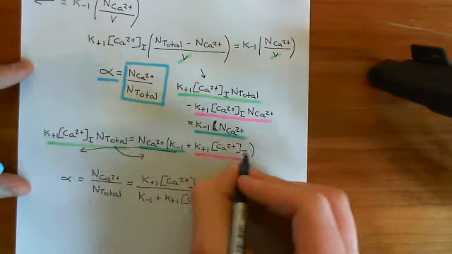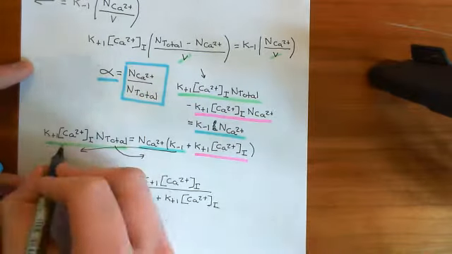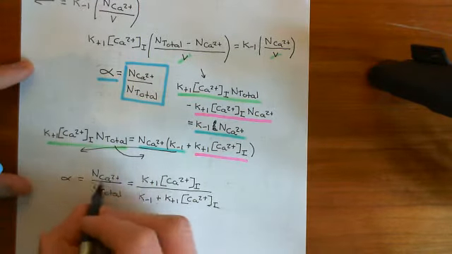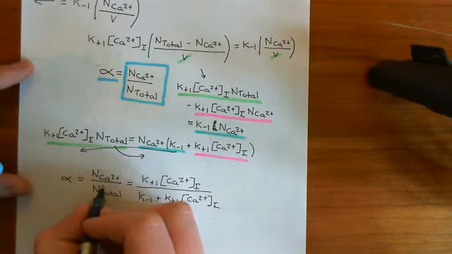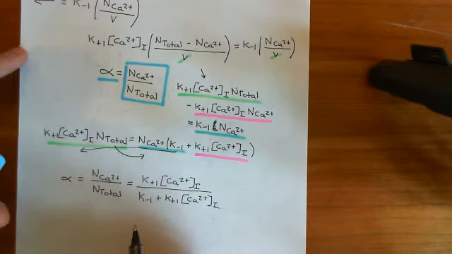That is this portion here that has been brought down underneath this portion, and that now gives us the fraction of Fluo-4 molecules that at dynamic equilibrium are going to have calcium bound.